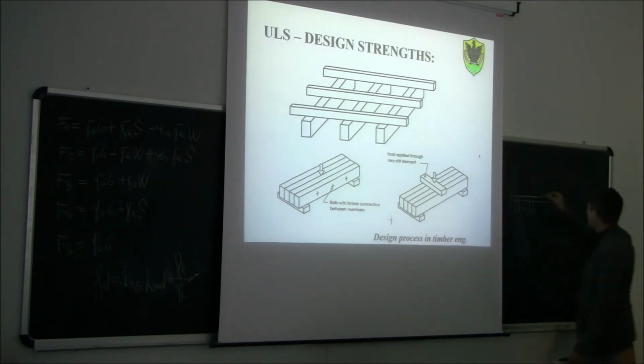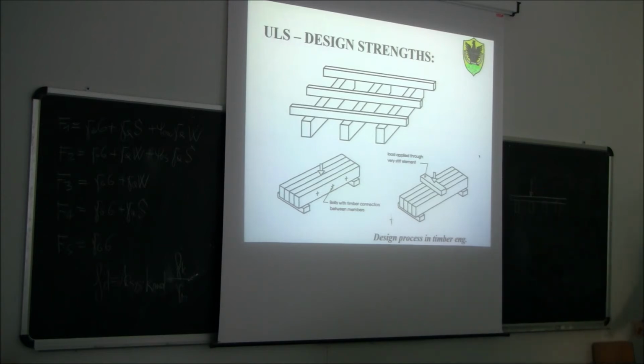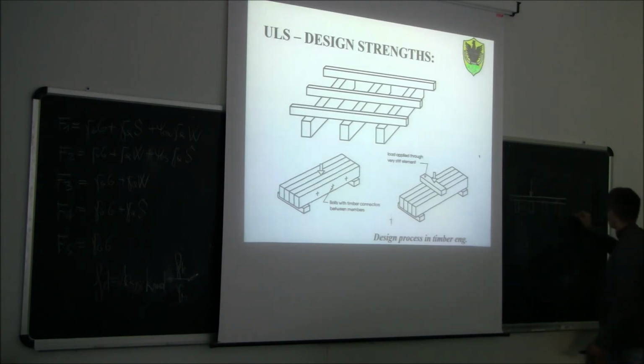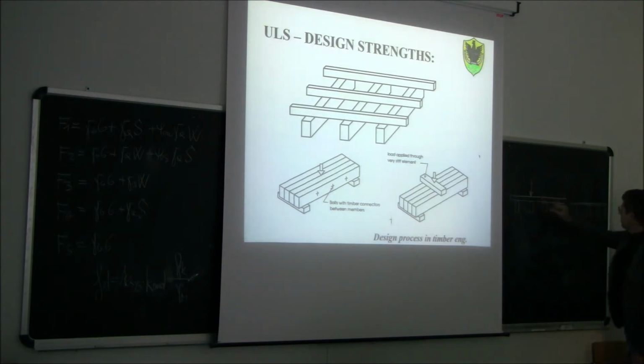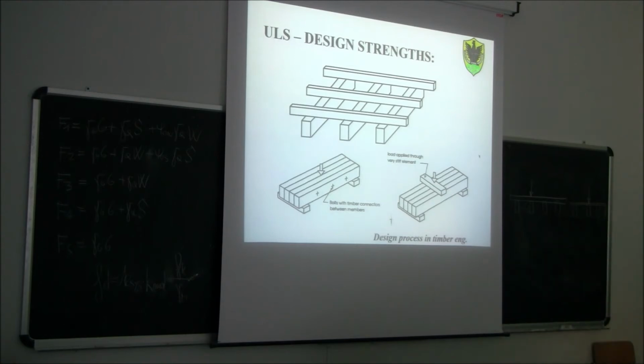If you apply a load here, the situation is completely different from the situation here, where you have only a small plank connected to the timber beam. Think about applying the same load here and applying the same load here. What would be the difference?